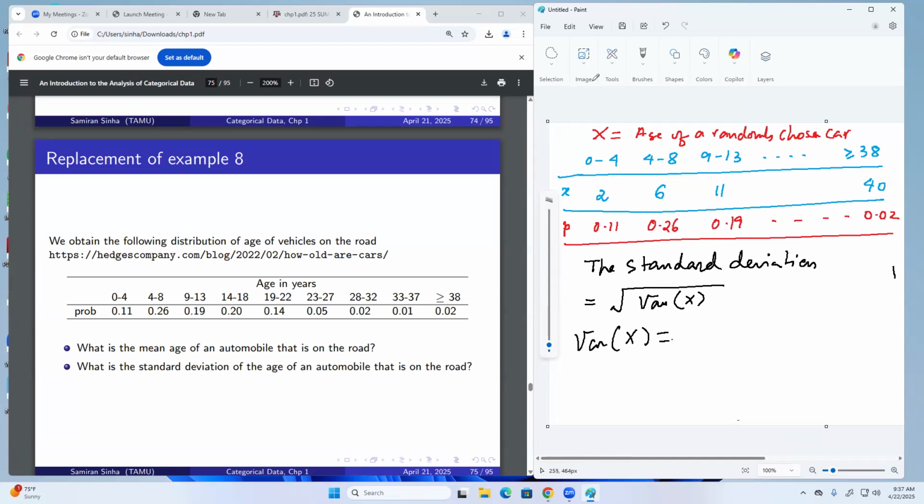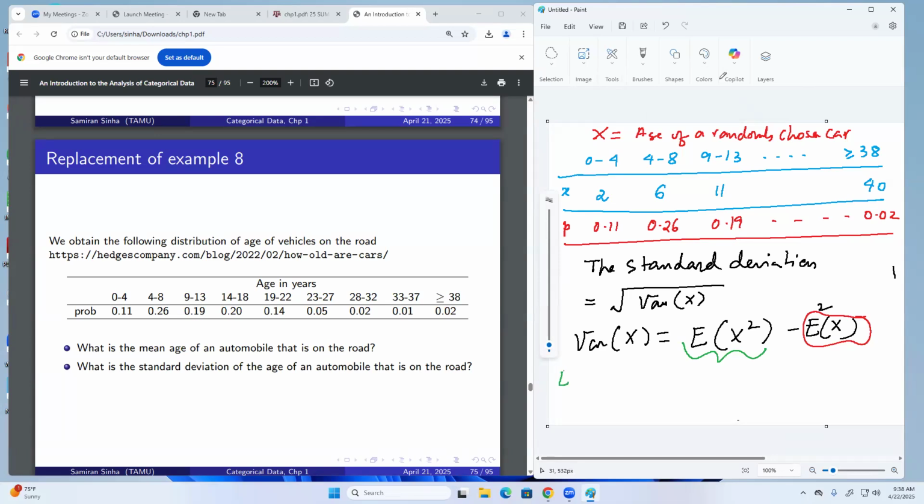Variance of x equals expectation of x squared minus the square of expectation of x. Remember, we already calculated expectation of x. So we just need to square that quantity and subtract it from this term, which you will calculate now.